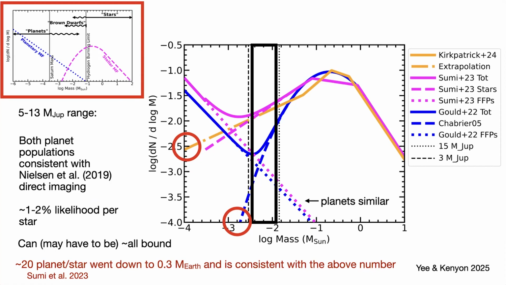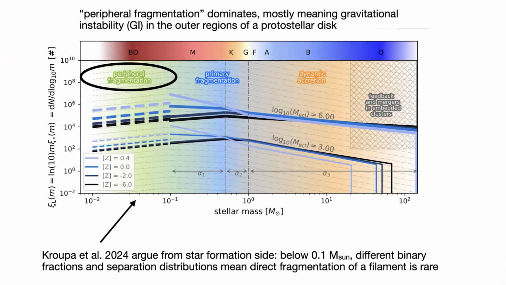It depends on your metallicity, but for the Chabrier IMF, the Gould one, or even lower mass here. I guess you don't have to go all the way down here because this is an extrapolation, but Jupiter masses as part of the stellar population. And that may be the case, but it's at least not standard, at least not fully agreed by the field that it's the case.